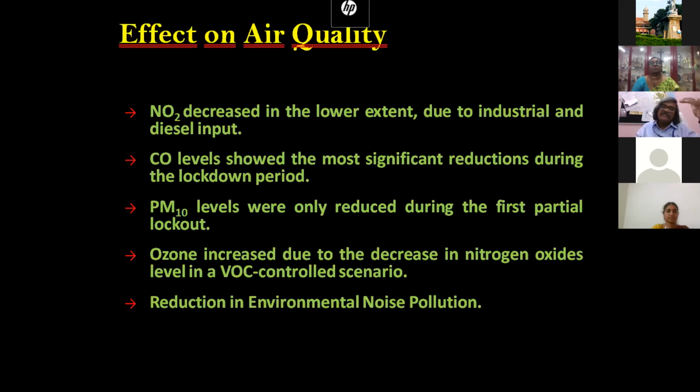So there's a first cut reduction when it happened in lockout 1. But when people started coming out again, definitely it started increasing. And a very important aspect is that ozone increased due to decrease in nitrogen oxides levels. And last but not least, there is a reduction in environmental noise pollution.